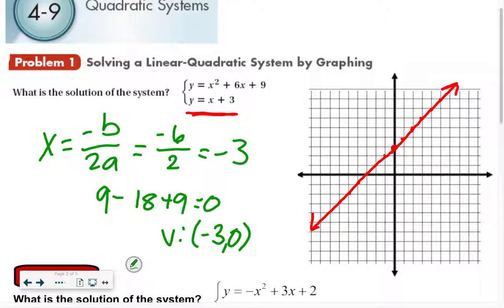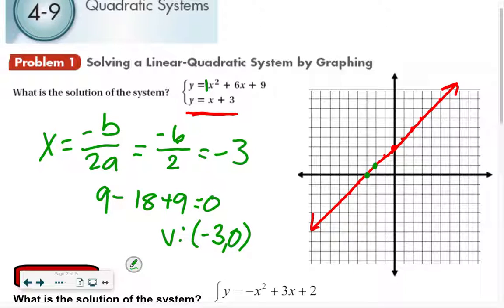Yes? Yes. So I go left 3, not up or down any. Okay. From there, when we have our a of 1, I think most of us caught on to this. From our vertex, we go right 1, up 1.